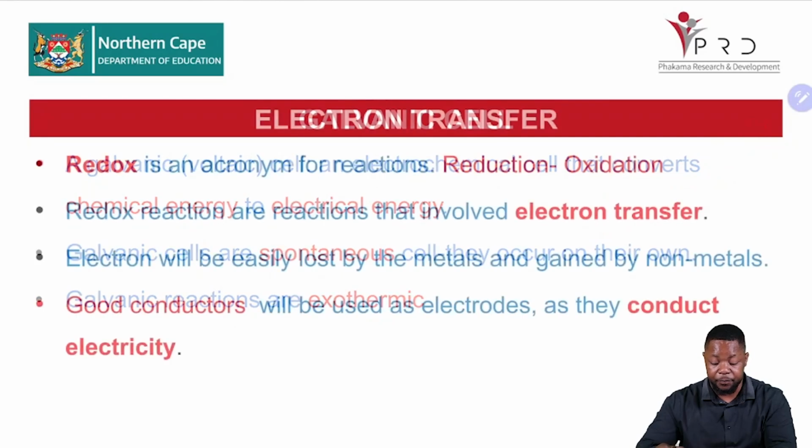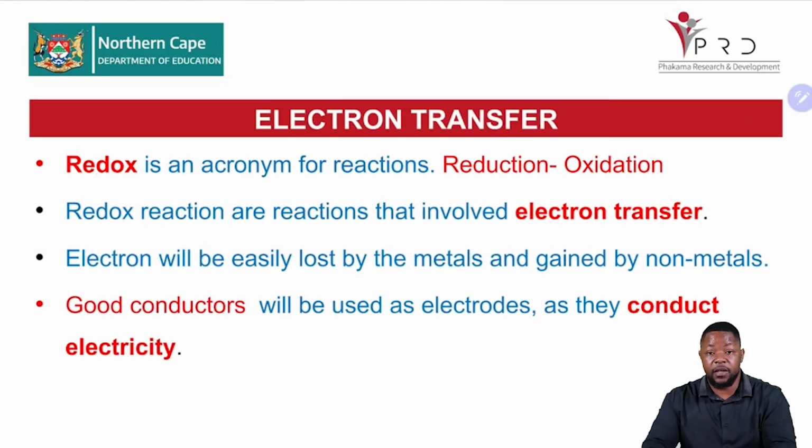Now, we need to be able to define oxidation and reduction, which are embedded in the word redox. Redox is an acronym that can be expanded to reduction and oxidation. We need to be able to explain these terms, reduction and oxidation, in terms of electron transfer and also in terms of oxidation numbers.